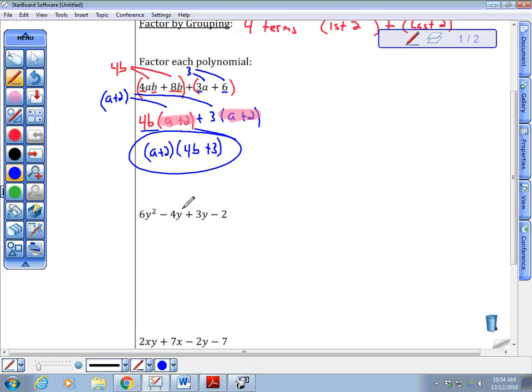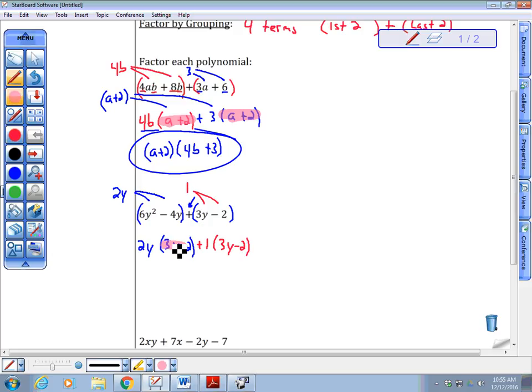All right, let's continue doing that. First 2 terms grouped, last 2 terms grouped, plus sign is a must. Let us take out a 2y. So taking out a 2y leaves me with a 3y minus 2. And on this one, I'll notice that I already have the 3y minus 2, and my GCF is 1. So I'm going to actually just put a plus 1 there, and then 3y minus 2.